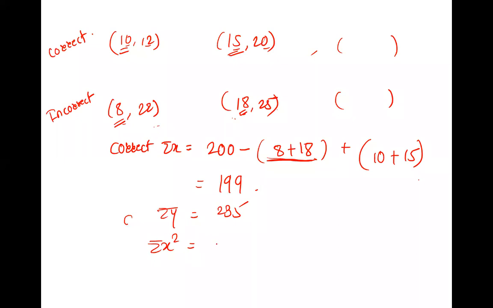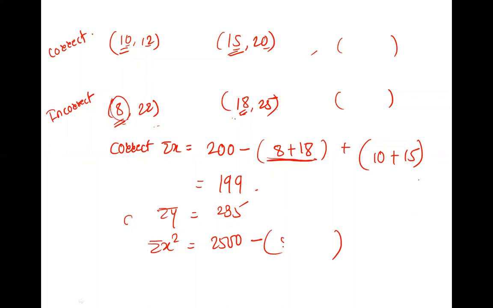Summation x square? 2449. 2436. Okay, I'll do it for you one more time. So the correct summation x square is 2500 minus the sum of incorrect x square.